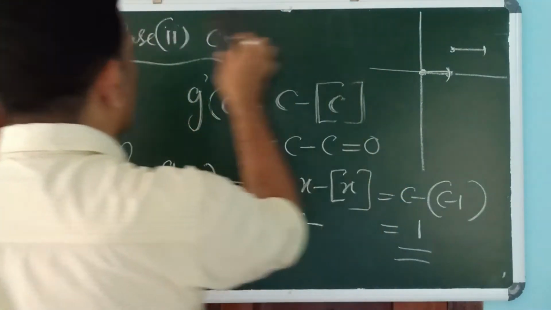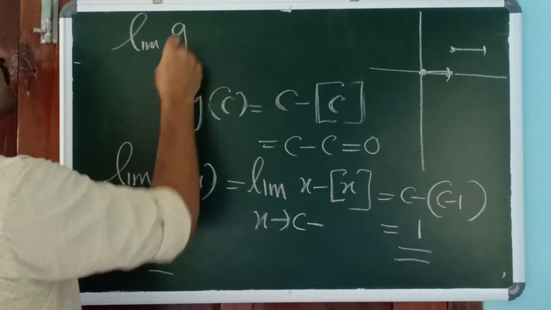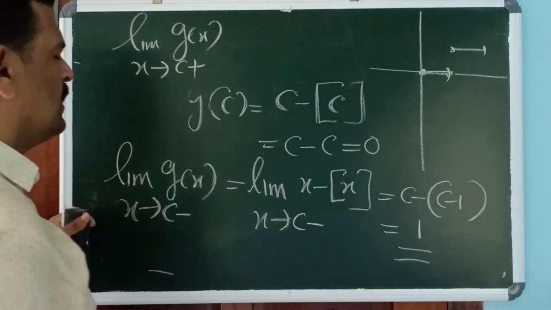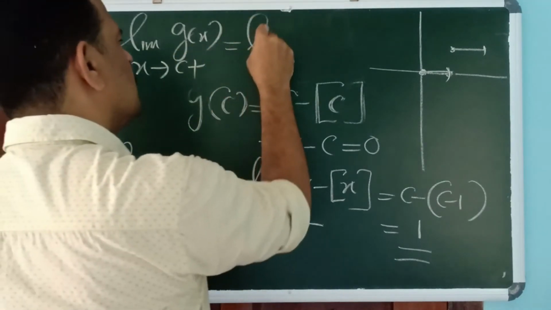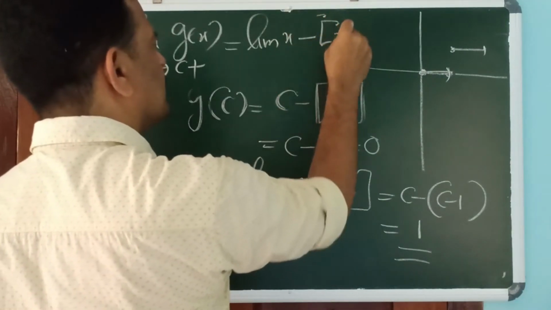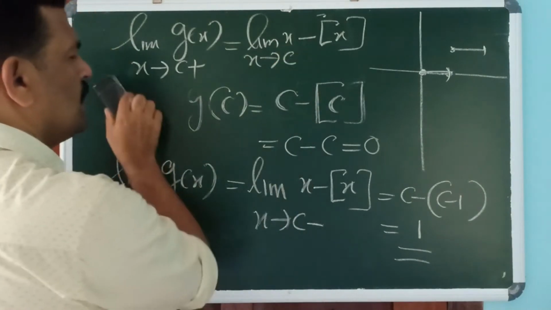Now we have to determine the right limit. That is limit g of x as x tends to C plus, that is limit of x minus greatest integer function x as x tends to C plus.